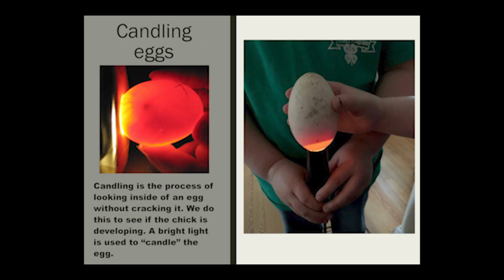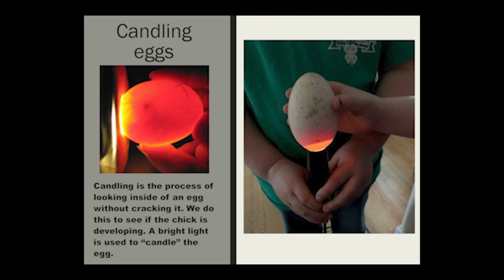So, candling our eggs. Here are pictures of us candling our geese eggs, but I don't want you to forget what candling means. Candling is the process of looking inside of an egg without cracking it. We do this to see if the chick, or in our case, the gosling, is developing properly. A bright light is used to candle the egg.